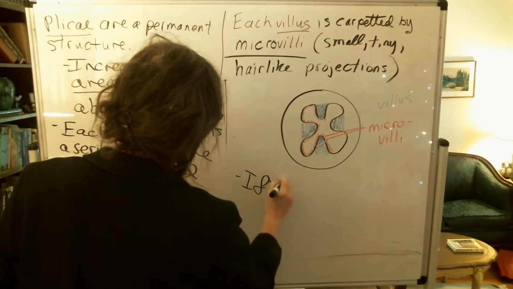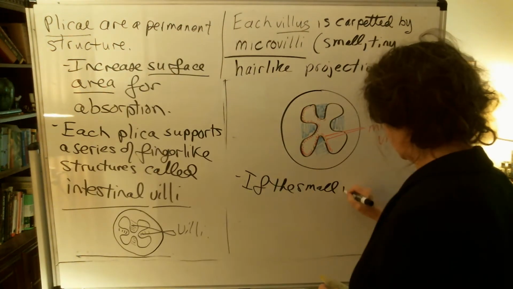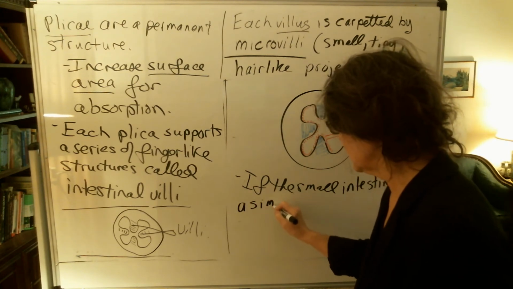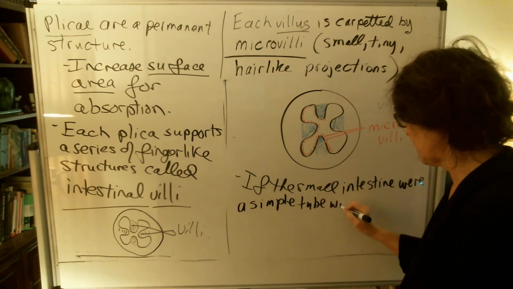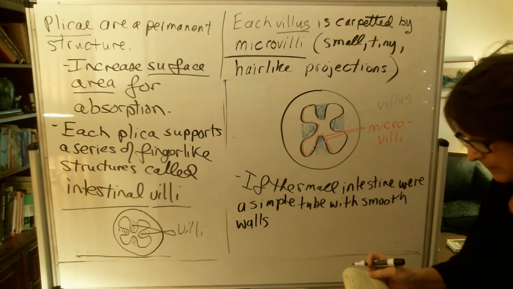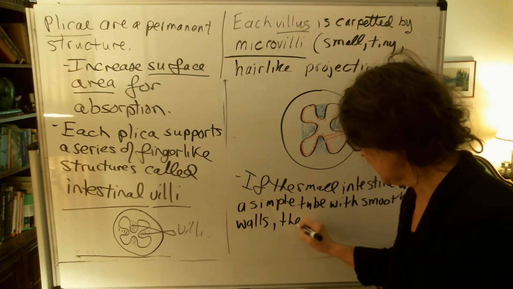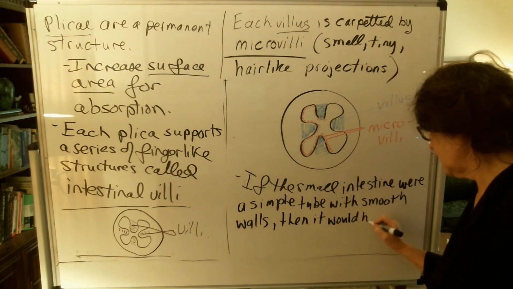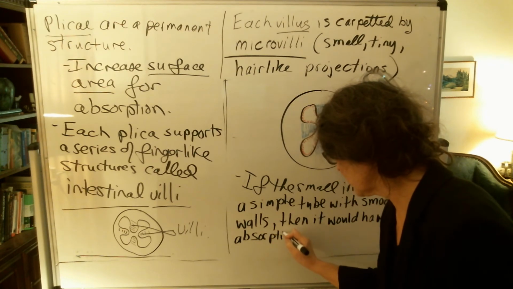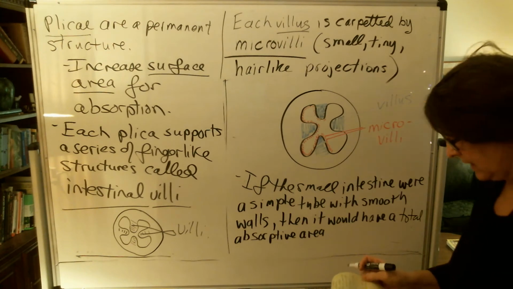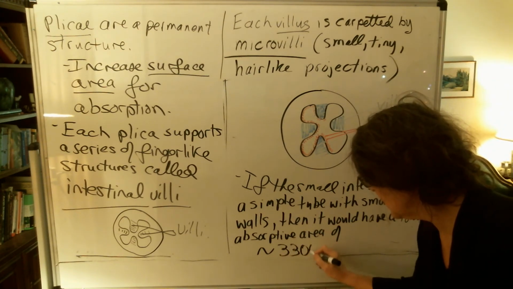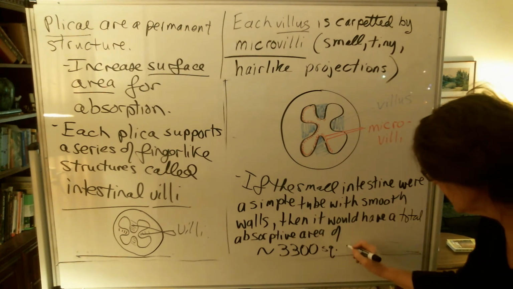And if the small intestine were a simple tube with smooth walls, then it would have a total absorptive area of approximately 3,300 square centimeters.